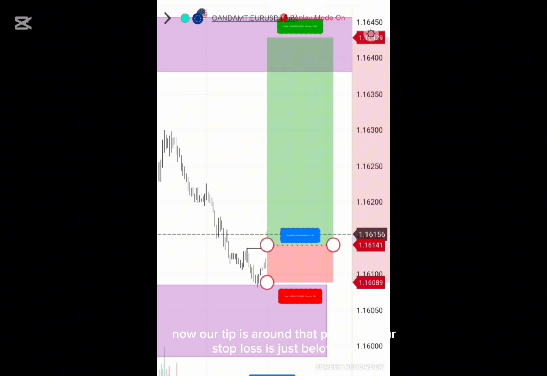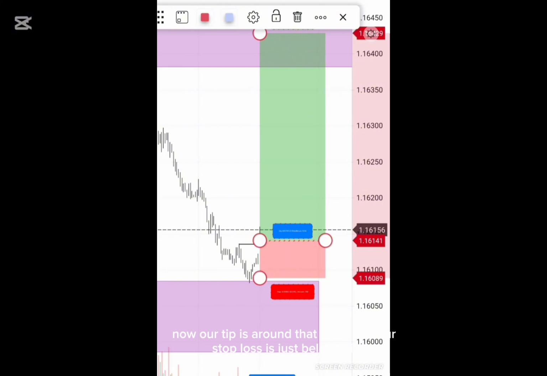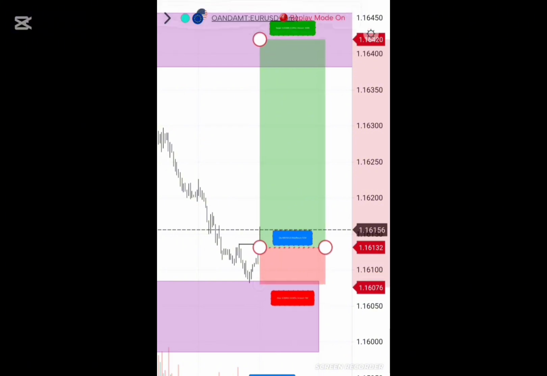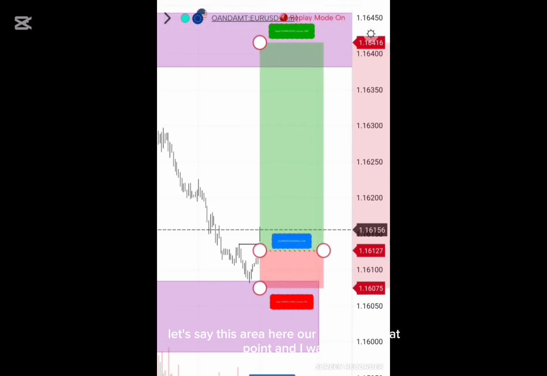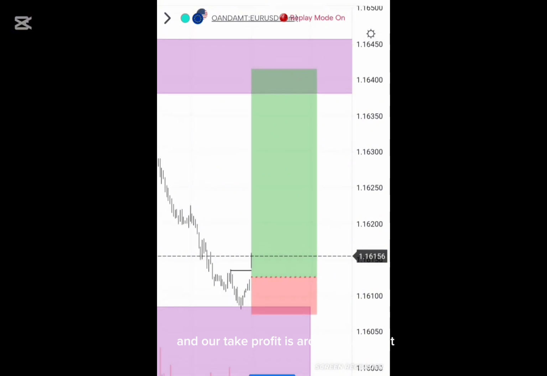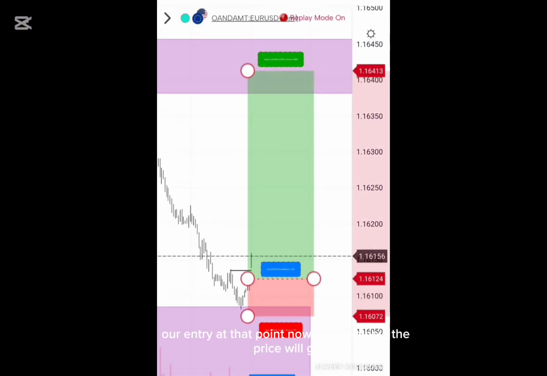Now our TP is around that point, and our stop loss is just below this area. Let's say this area here. Our entry is at that point, and our take profit is around that point.